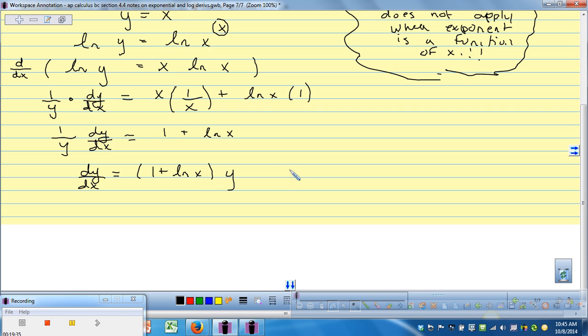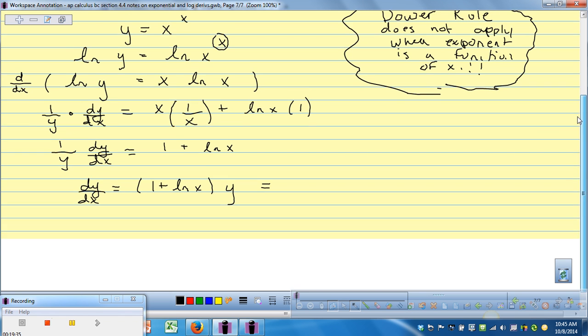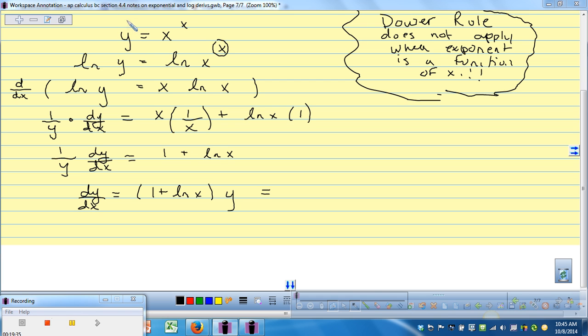And now, Natalie, what you were thinking about, what is y equal to from the very beginning of the problem? y is equal to x to the x, right up here. So we get 1 plus natural log of x times x to the x.